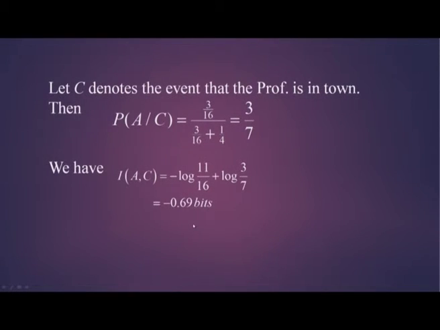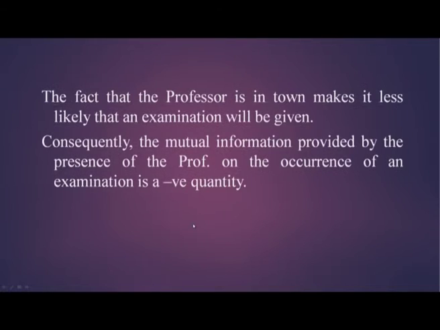Consequently, the mutual information provided by the presence of the professor on the occurrence of an examination is a negative quantity. So, that we have already observed, that is minus 0.69. So, the mutual information is very less.